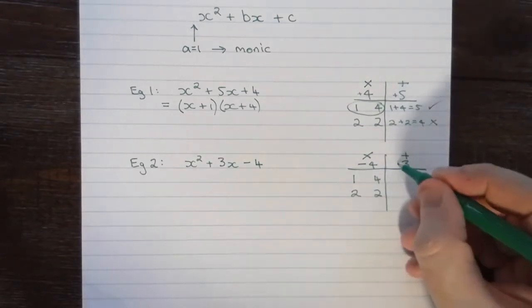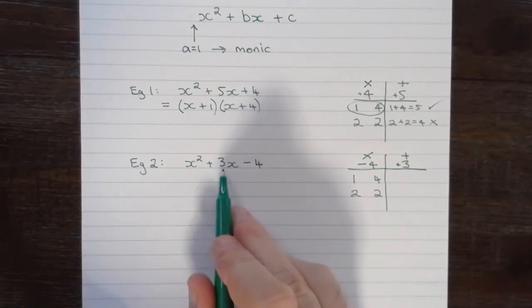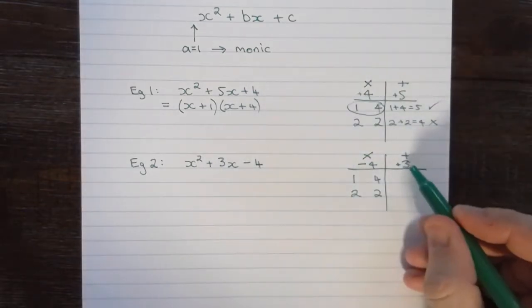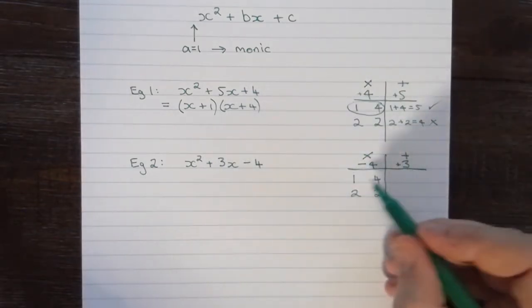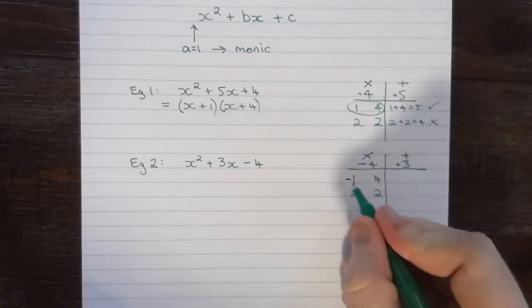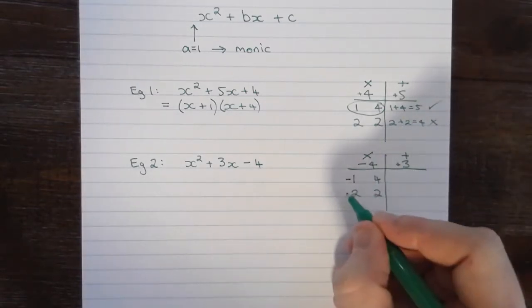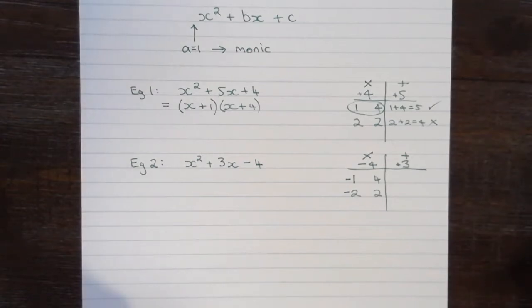Now that comes about by looking at the sign of your b value. In this case, it's a positive 3. If we want to end up with a positive after we've added the two values together, we must choose the smaller number to be the negative. If we chose the bigger number to be the negative, then we'd end up with a negative sum. With the 2 and the 2, of course, it doesn't matter. Again, they're both the same number.